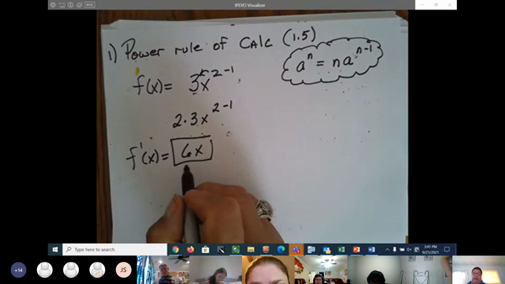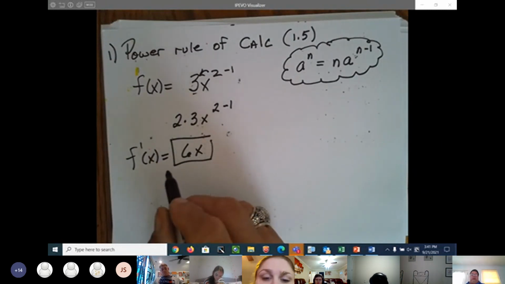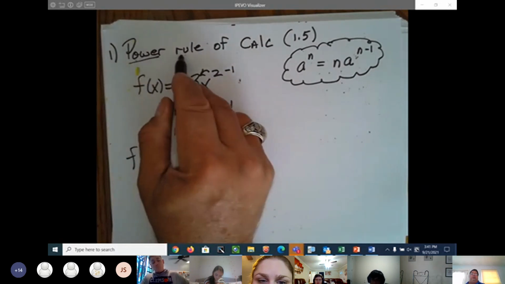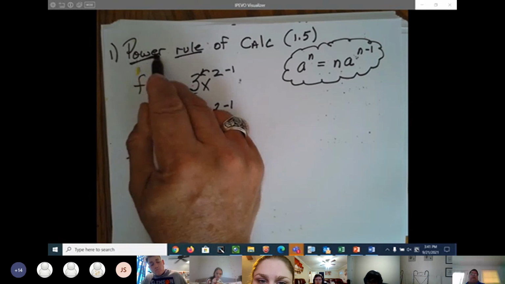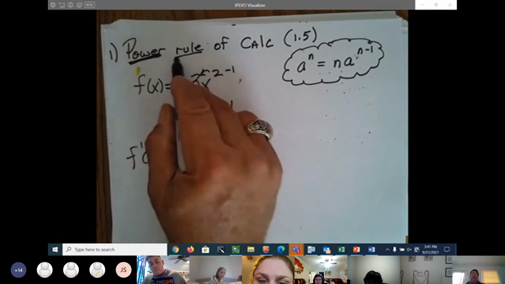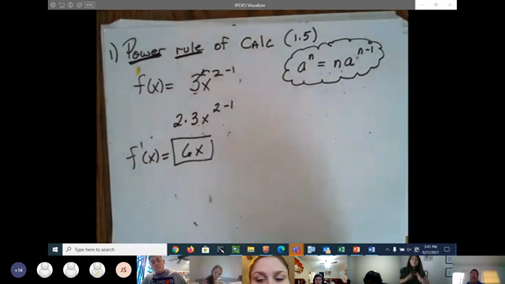Now I'm going to finish up here in just a second. I'm just going to tell you this. The secret to the power rule is not doing the power rule. Can anybody that's had a pre-calculus class tell me what the secret to doing the power rule on these problems is? Anybody?